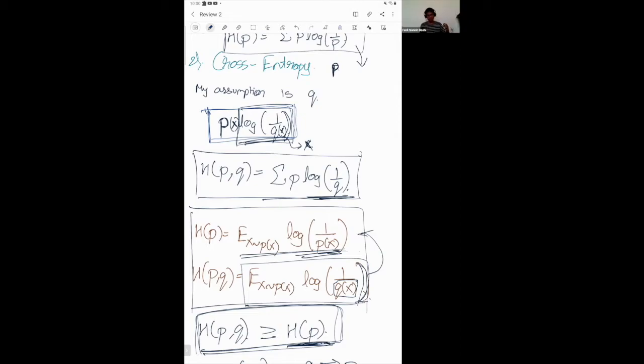So this quantity says how many bits you would require when your distribution is Q of X, and now you are minimizing that.